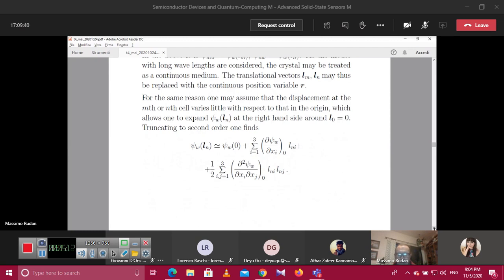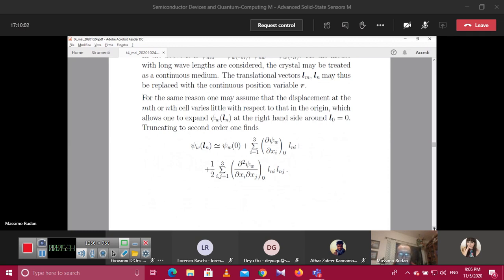If that is true, we can calculate the displacement of the cell number n using a second order expansion of the displacement of the cell in the origin.